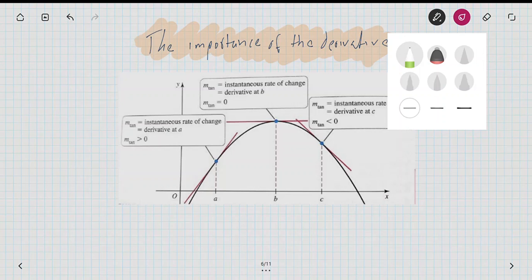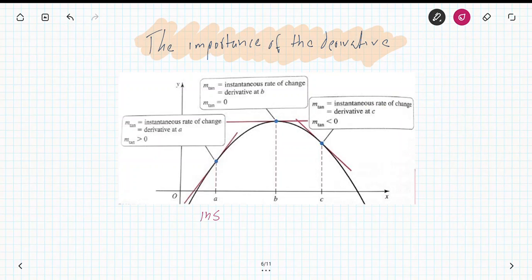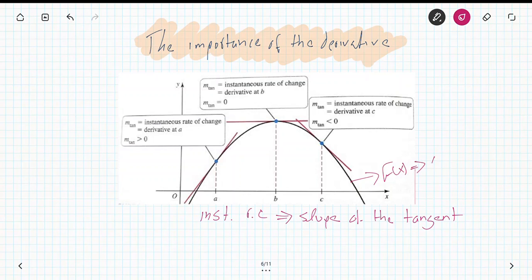Let me use my pen. It is the instantaneous rate of change, which means it is the slope of the tangent line. And so here I have a function f of x, which is a quadratic function, and incidentally it models a position.